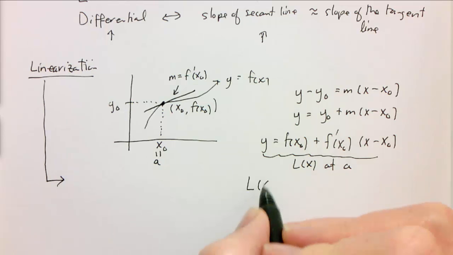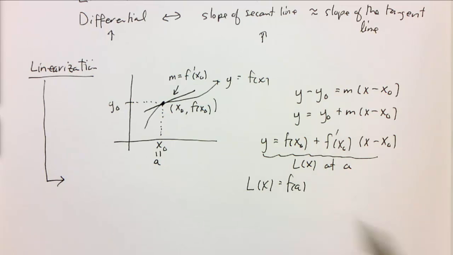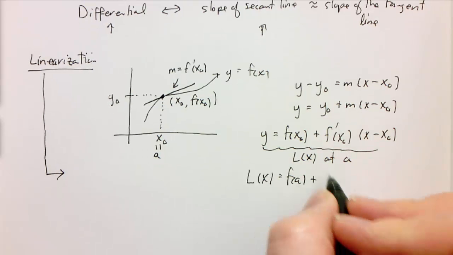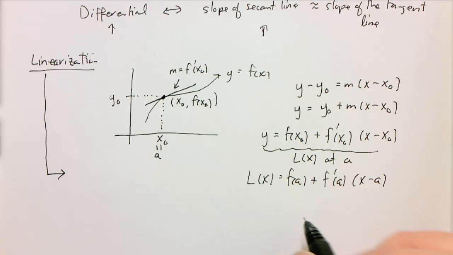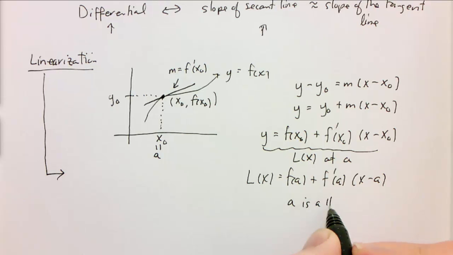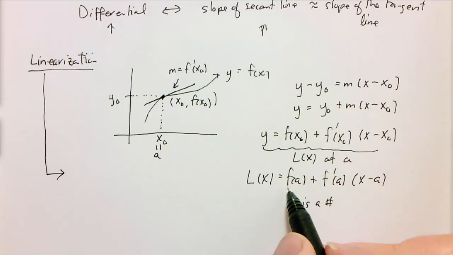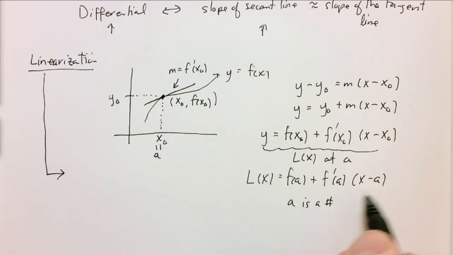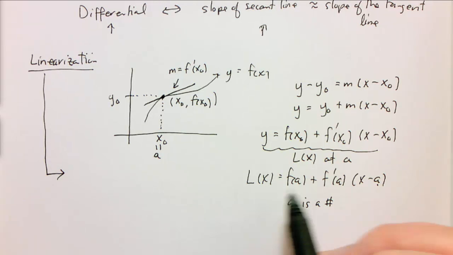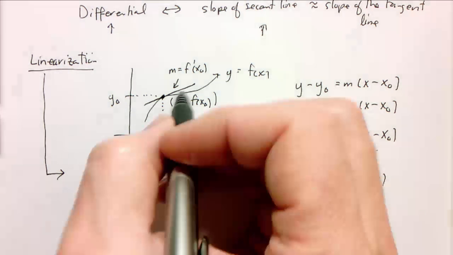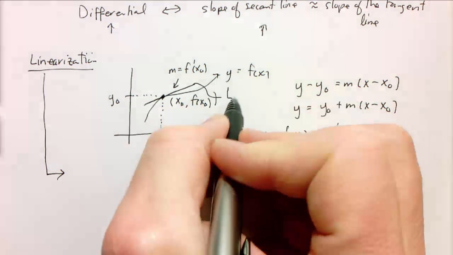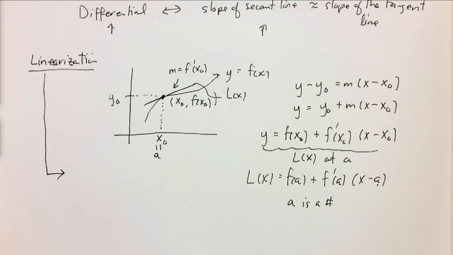It says L of x is equal to the function value plus the derivative times x minus A. So A is a number, and when we use the function, we get a number here, a number here, a number here for A. So this gives us a typical equation of a line. Right? L of x is the linearization of f at A. So L of x is this line. It's just the tangent line.